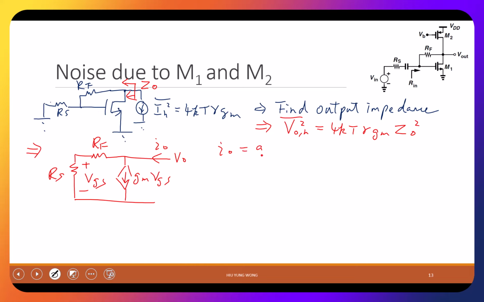I out equals GM VGS plus V out divided by RS plus RF, because this current is GM VGS plus the current going through here, which is V out divided by RS plus RF.